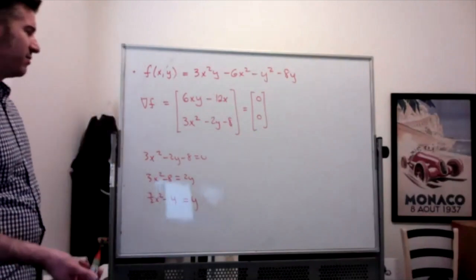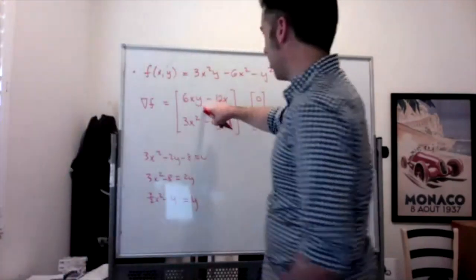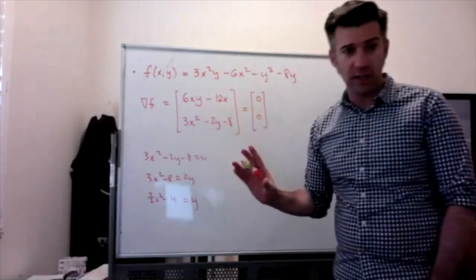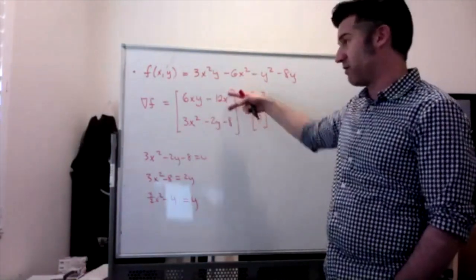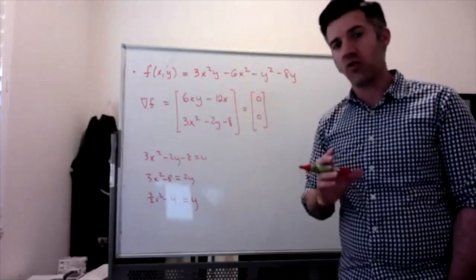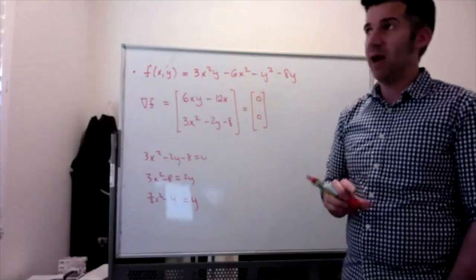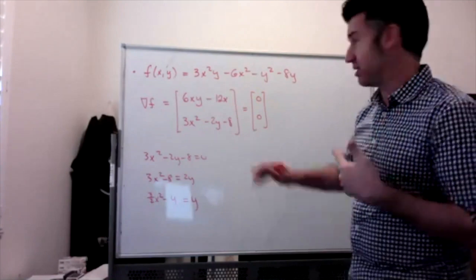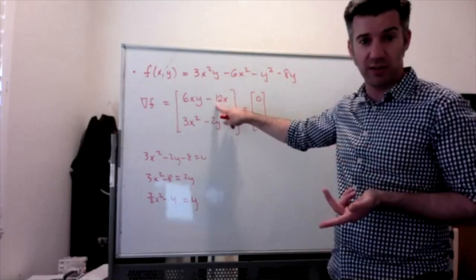The problem with that is then you have to plug that in here, and you're going to get some cubic thing. So typically, if I have a choice between the 2 parts of the gradient that I'm setting equal to 0, I try to look for the one where I can either factor something out or where the powers are lower. And actually, both of those things are true here.